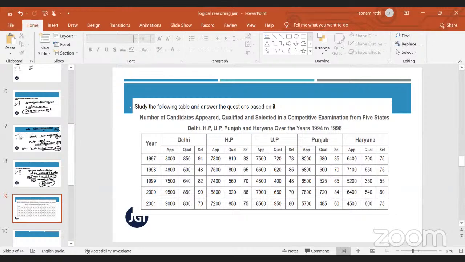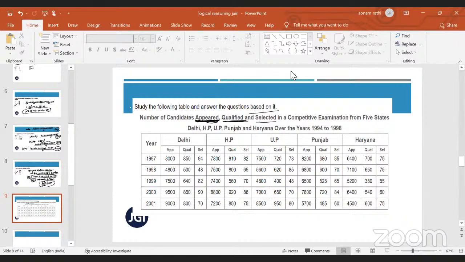Okay, done noting. Let's understand the table now. Study the following table and answer the questions based on it. Number of candidates appeared: how many people are writing the exam? How many people are qualifying the exam?